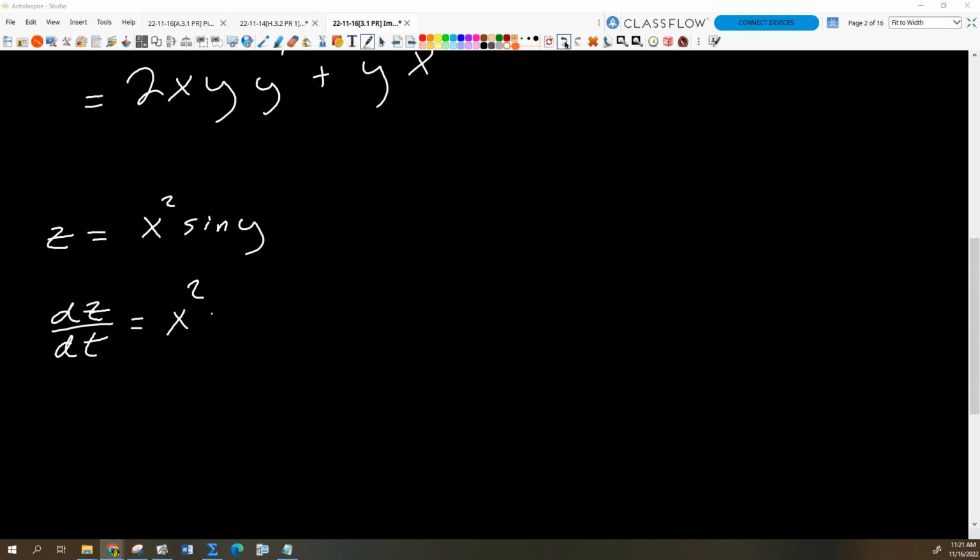So the first link in the chain is going to be cosine of y. Now we're differentiating with respect to t here, right? So what's the second link going to be? What's the derivative of y with respect to t? dy/dt, right?